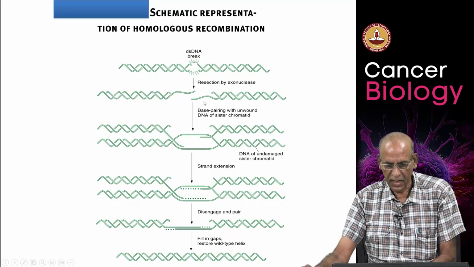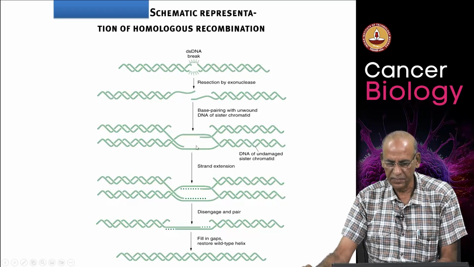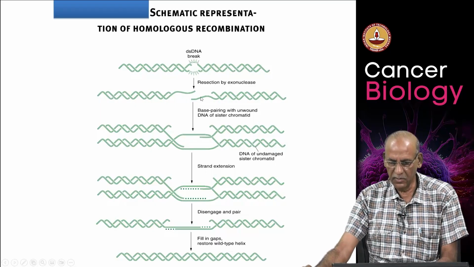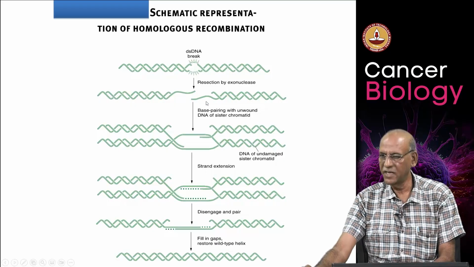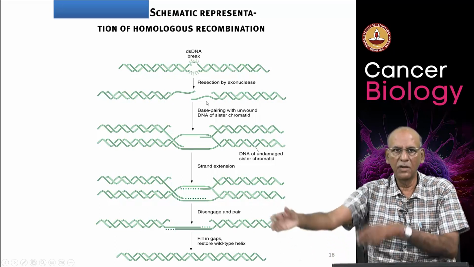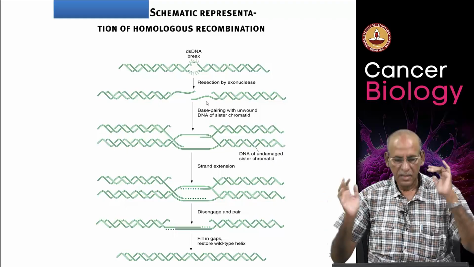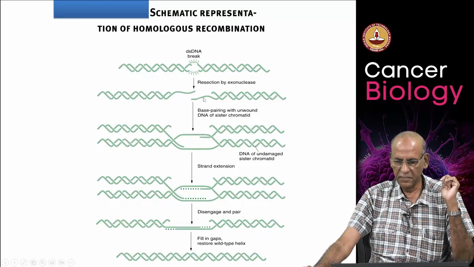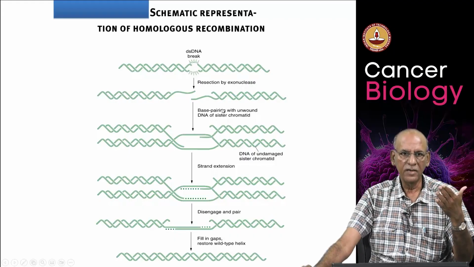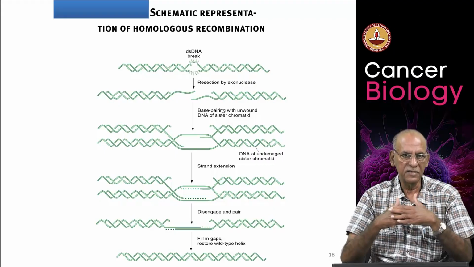Now, let us think that you have the undamaged sister chromatid here. See, this is the undamaged chromosome. You have cut it and got these sticky ends, that is the first step: creation of sticky ends. You have some lengthy open arm on both sides. You have to find some complementary sequence for the DNA synthesis to happen.